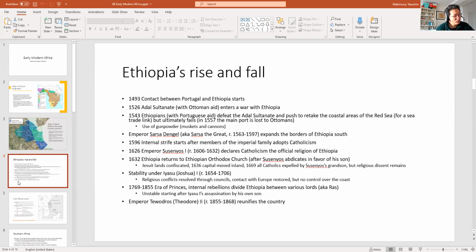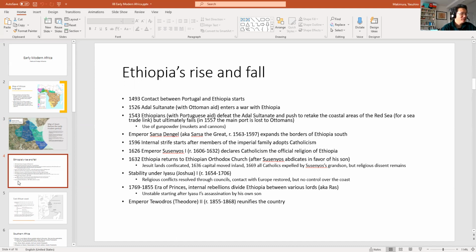The capital is moved further inland to be away from Portuguese influence. And in 1669, all Catholics are ultimately expelled by Susenyos' grandson. But the religious dissent continues to remain. And you have to wait until Joshua the First, otherwise known as Iyasu the First, before stability returns.